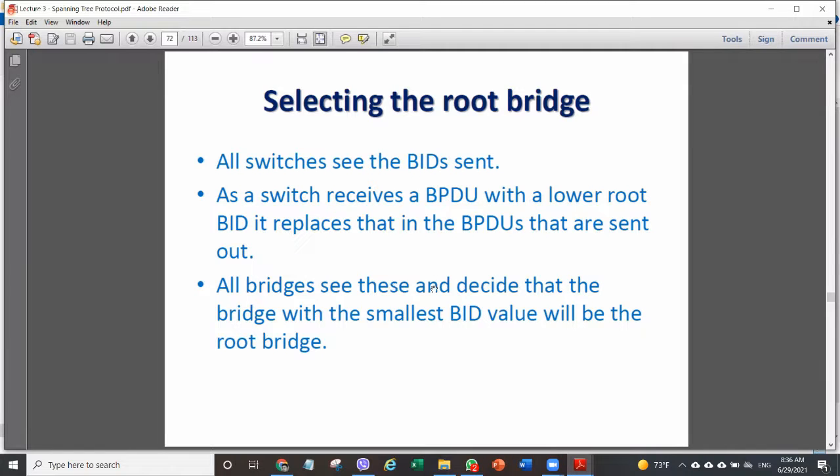All bridges see these and decide that the bridge with the smaller bridge ID value will be the root bridge.